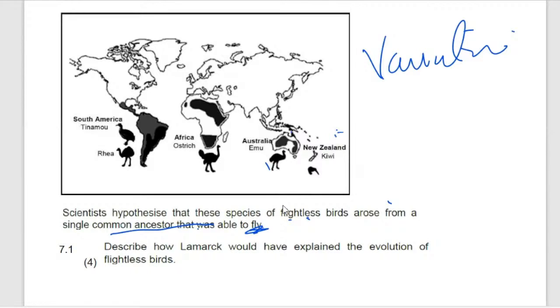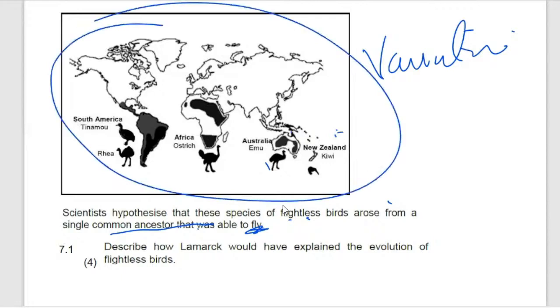They reproduce in large numbers. This is called natural selection. Those which are not able to fly pass their genes for not flying to the next generation. After many generations, all the birds were not able to fly.